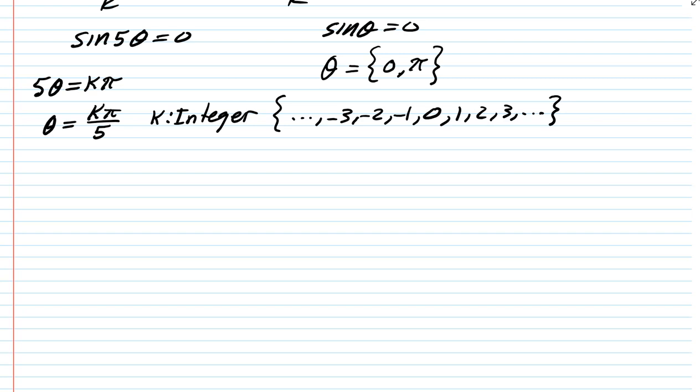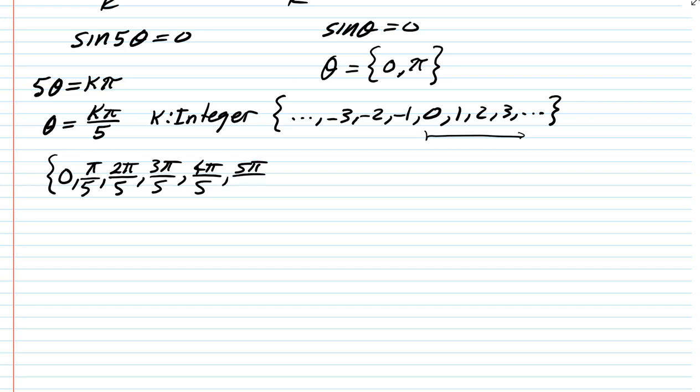Now, if I plug in for k, let's get some numbers out of this. And remember, we want 0 to 2 pi, so I'm going to start with 0. When k is 0, I get 0. When k is 1, you get pi over 5. k is 2, we get 2 pi over 5, 3 pi over 5, 4 pi over 5, and 5 pi over 5, which is pi, correct?